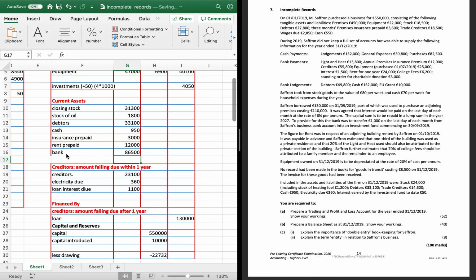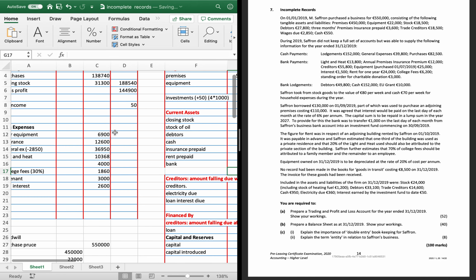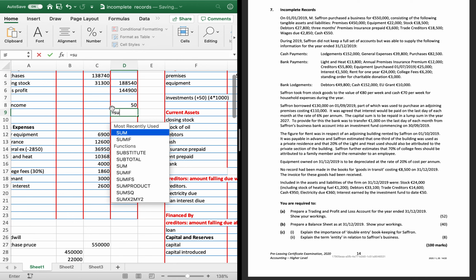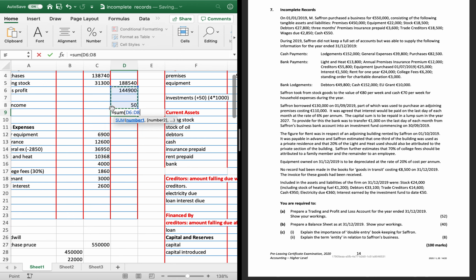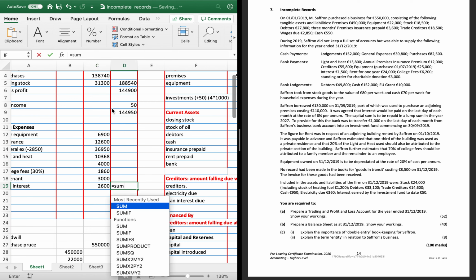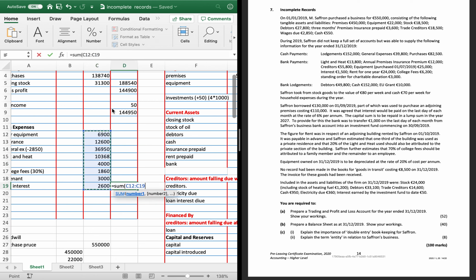Again, we'll find out soon enough. So we just have to finish it off. We'll finish off our trading profit and loss account by adding on our incomes, your investment income, and then taking away our expenses. So that's 6.6.